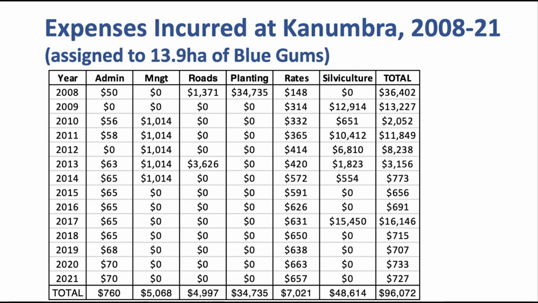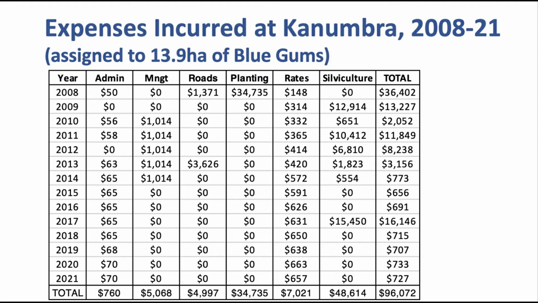If we look at the expenses incurred in those various years, then we see we have some admin costs, some management costs, and after 2014, those management costs were actually offset by adjustment, which has met the cost of the management of the plantation.